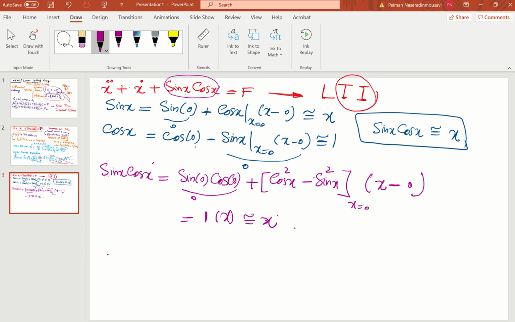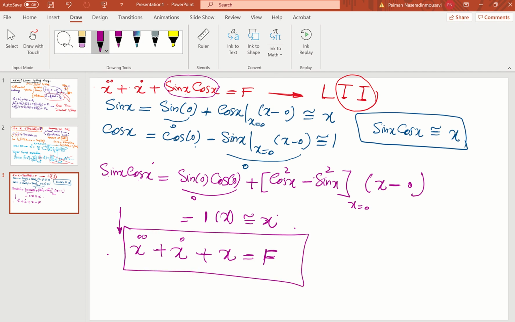So now I am transferring this time invariant but non-linear ordinary differential equation to what? To an LTI system. So x double dot plus x dot plus x is equal to f. So now you have an LTI system, guys. Right?